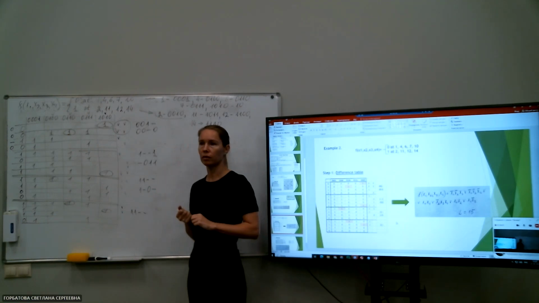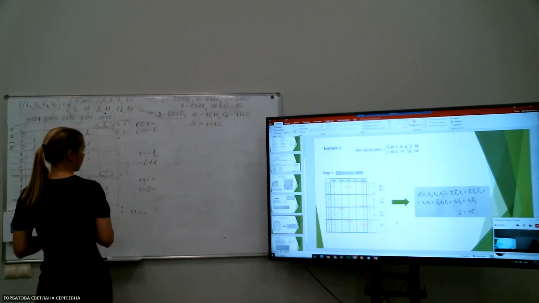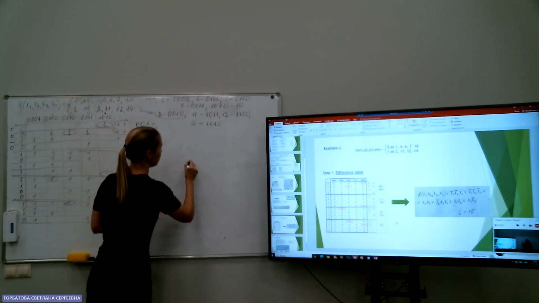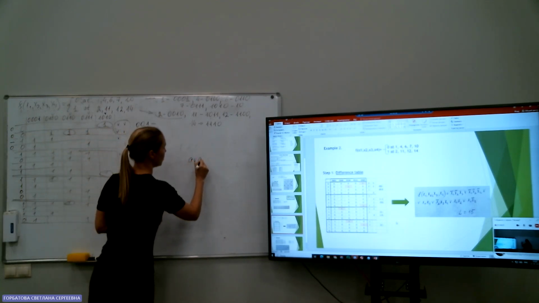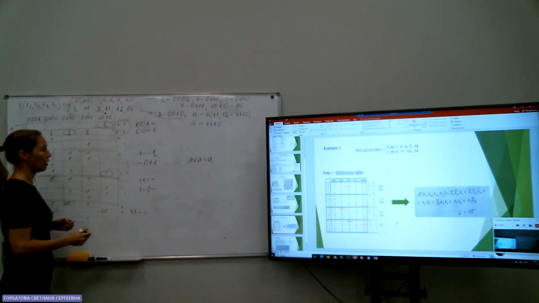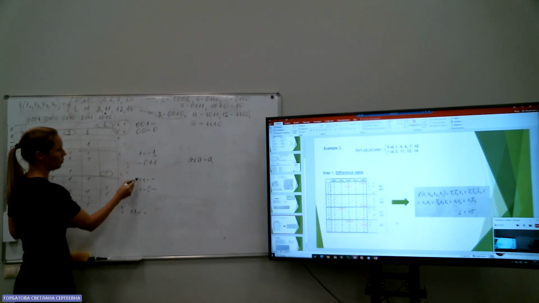Okay. Because of the idempotent law, A disjunction A is A, I can remove this because it is the same.